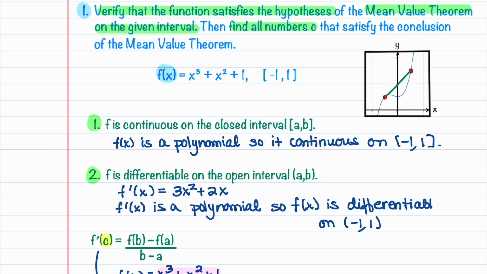We found the point 1/3, and that's about right here. And you can see that the slope of the tangent line at that point is the same as the slope of the secant line. So the number c that we got is definitely correct.